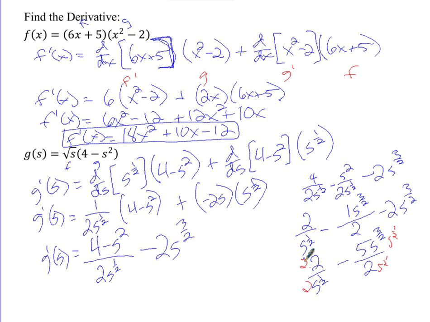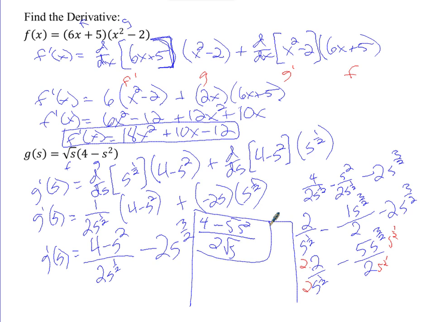So this becomes 4 minus, you're multiplying like bases, so you add the exponents. 3 halves plus 1/2 is 4 halves, which is 2. So that would be 4 minus 5s squared over 2, technically square root s, right? There's your answer. Oh, thank goodness we can leave it like that.